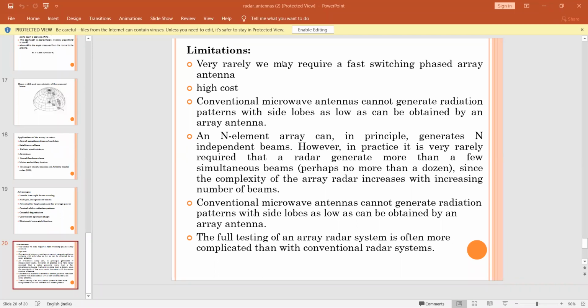Conventional microwave antennas cannot generate a radiation pattern with side lobes as low as an antenna array. The testing of this radar system is more complicated than with the conventional. These are the set of limitations for electronically steered antennas.